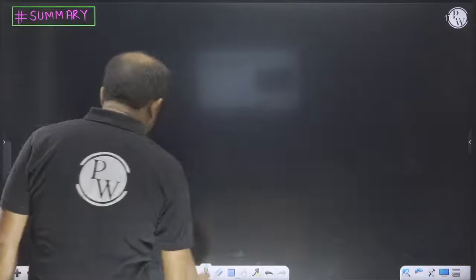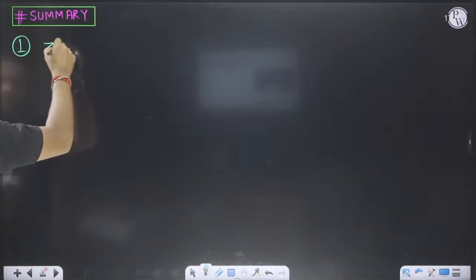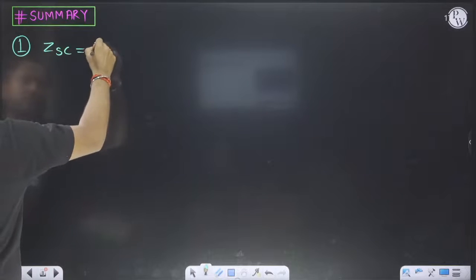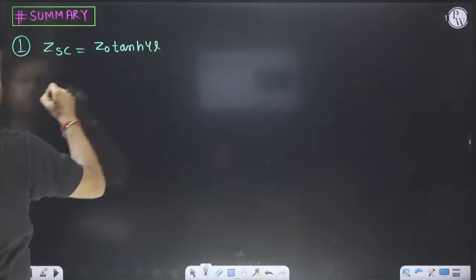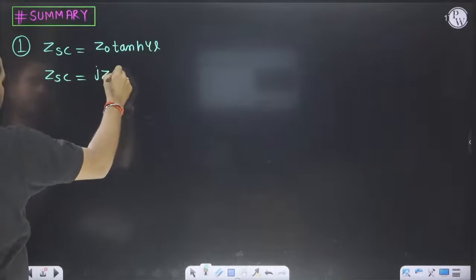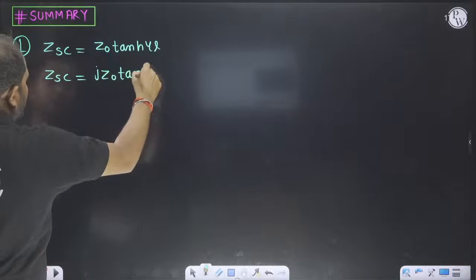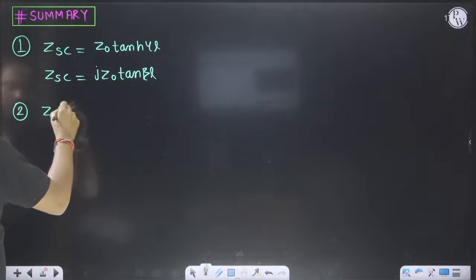First point: what is ZSC? ZSC is equal to Z0 tanh(gamma L), and ZSC is equal to jZ0 tan(beta L). The first one is for lossy, the second is for lossless.